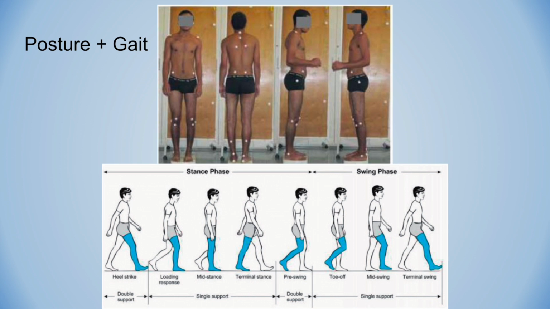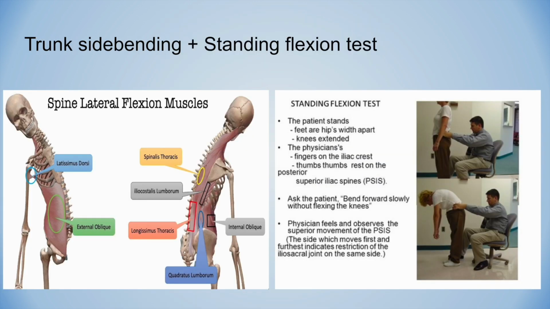And looking for abnormalities, a limp or an antalgic gait can give you clues about what might be dysfunctional in the kinetic chain. Then you might move to the trunk to look for side bending and the standing flexion test.